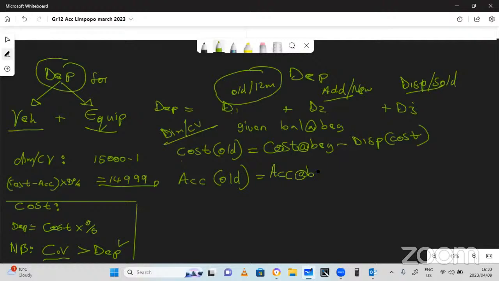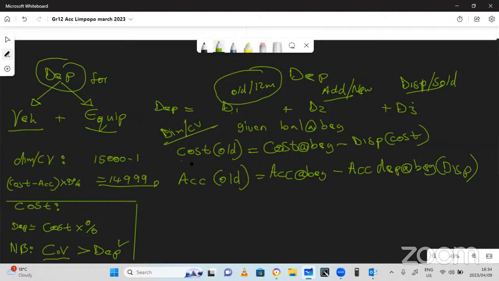At back. Then you subtract the accumulated depreciation at back for the disposed asset. You will be given that information. Don't worry, don't panic.